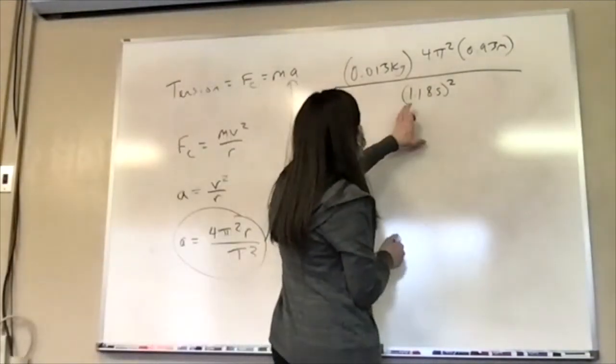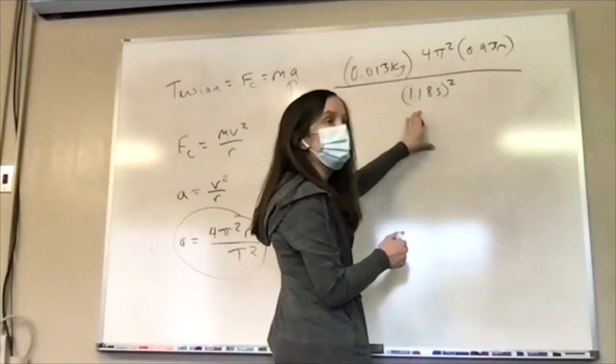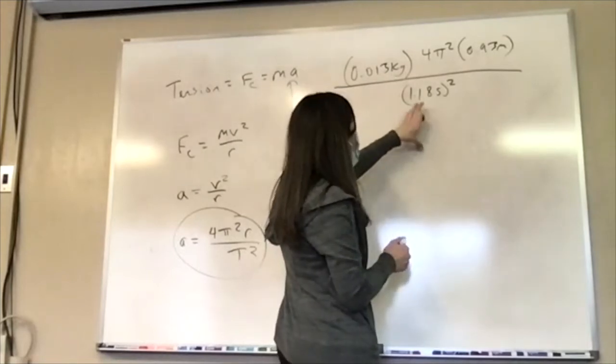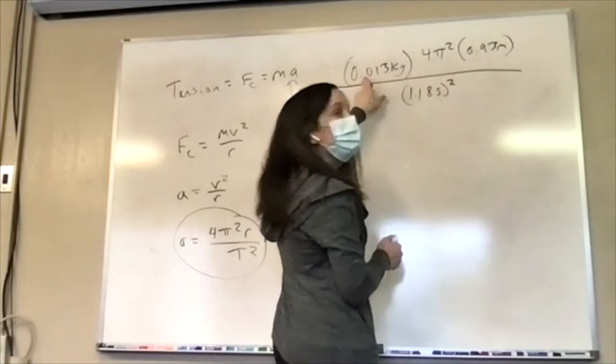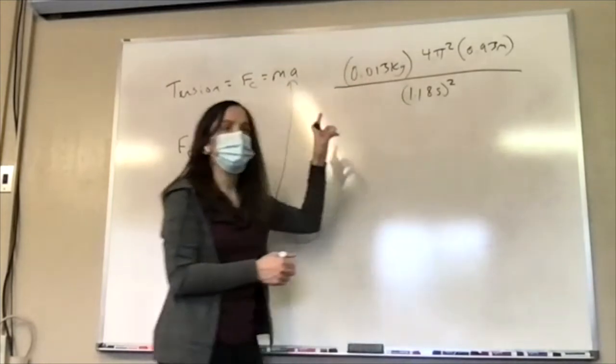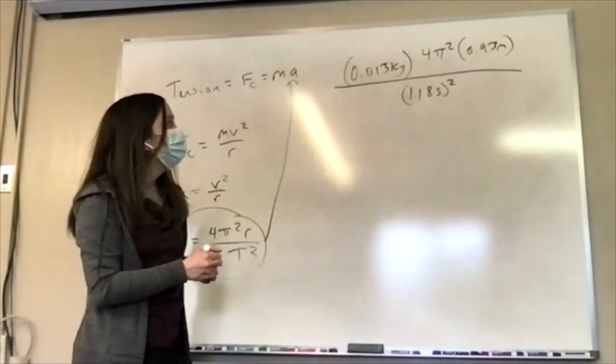Okay, so that would be the acceleration, but we found not acceleration, we multiply by kilograms. So that wouldn't be meters per second squared in this equation.